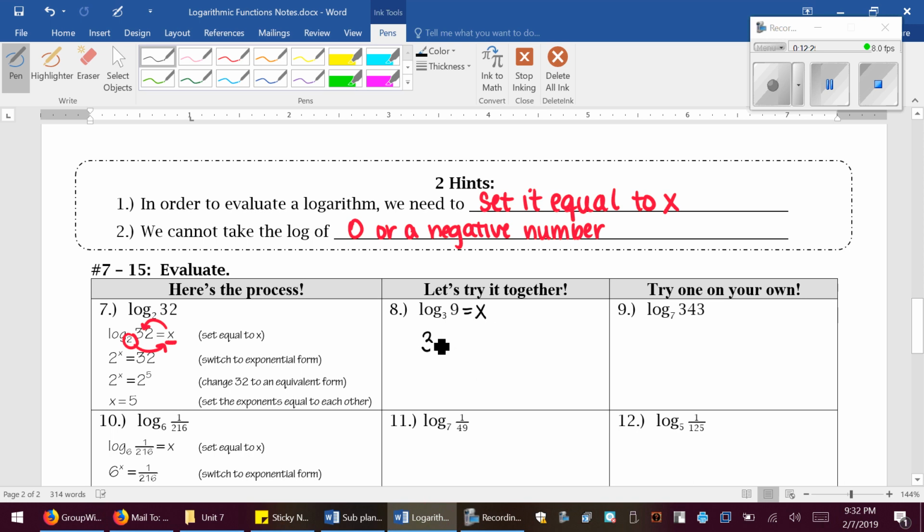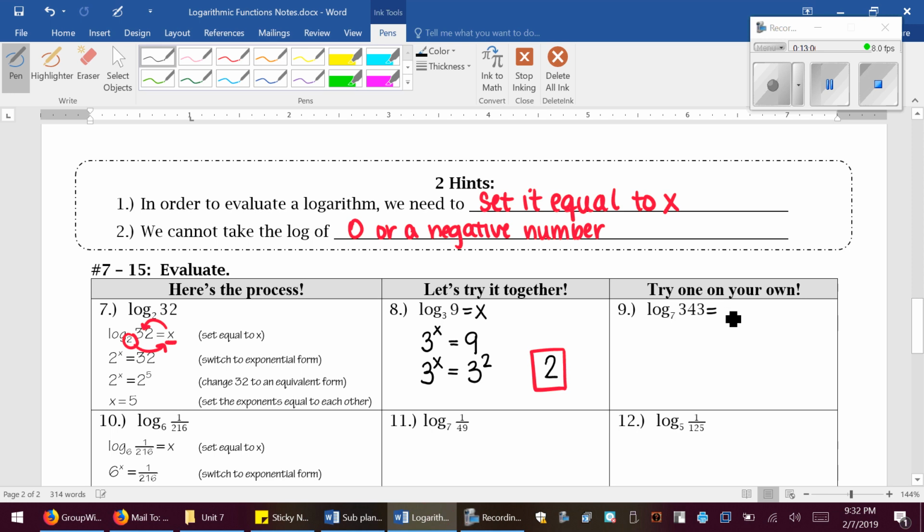The base is 3. Circle around, raise it to the x power. Circle back around, set it equal to 9. If you know 3 to what power is 9, you can jump right to the final answer. But if you're comfortable with doing what we did yesterday, change 9 into 3 squared. The bases match, so x is 2. We're not solving, we don't need brackets.